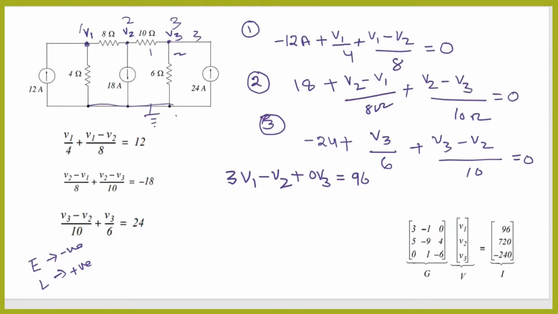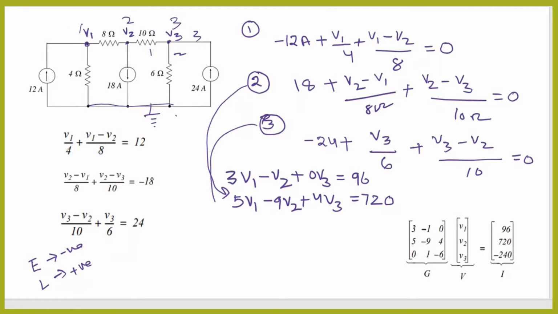Okay, second equation after simplification, what you are going to get is 5V1 minus 9V2 plus 4V3 is equal to 720. So this is the second equation after simplification.